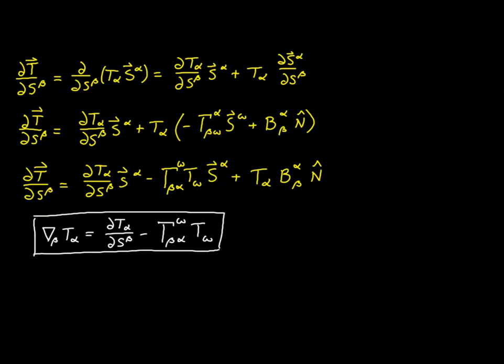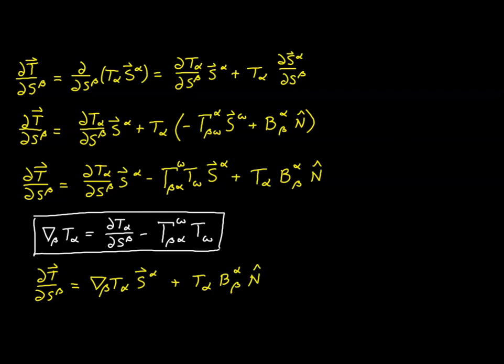And finally, we can express our expression up here this way: the partial derivative of our vector with respect to s beta is going to be equal to our new object here, again times our basis vector because that's not part of the definition, and then the remaining term out here, T alpha contracted with B alpha beta in hat.